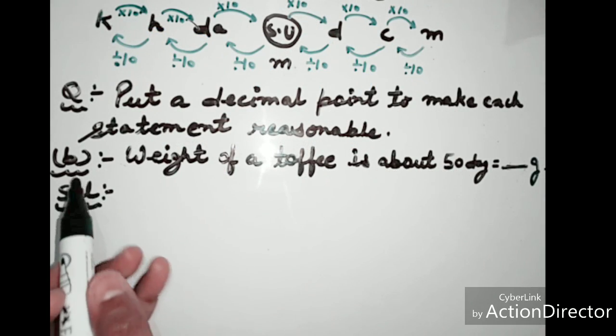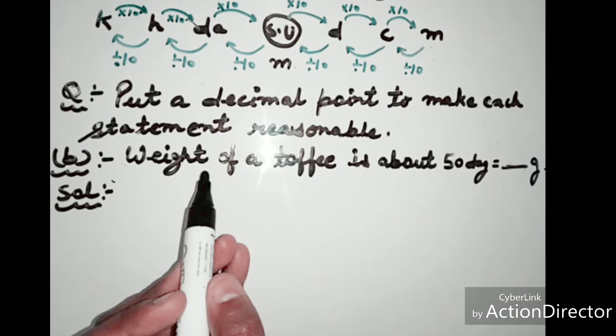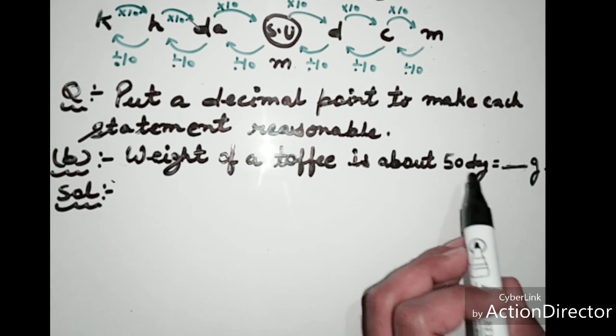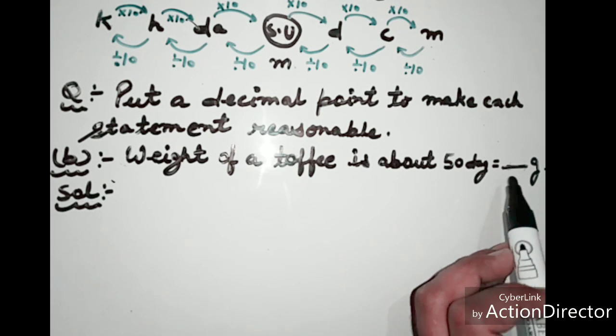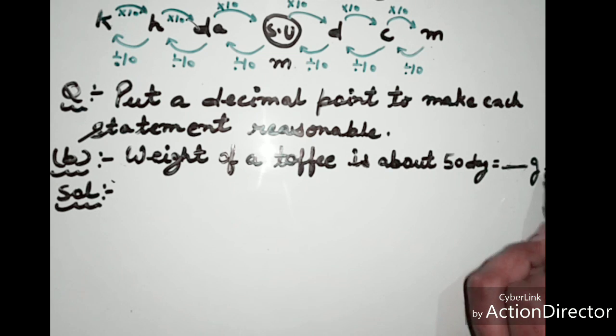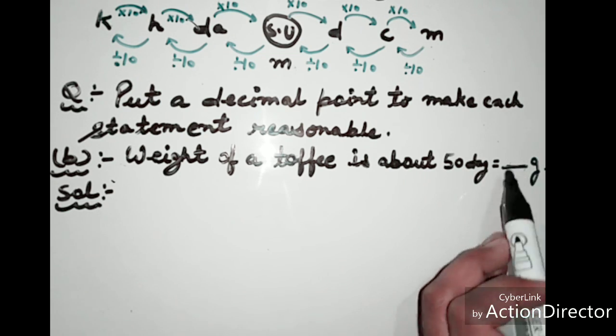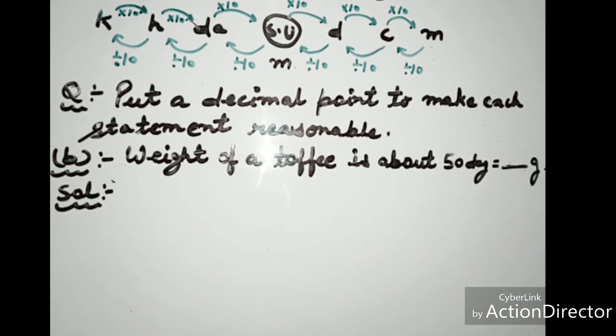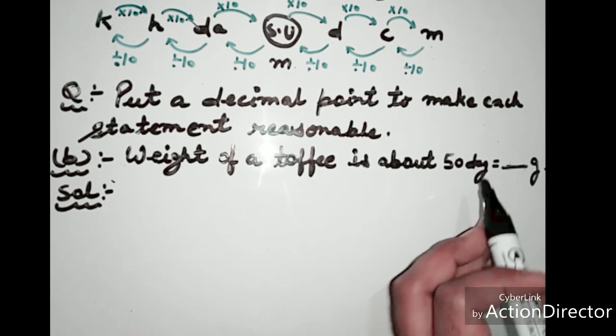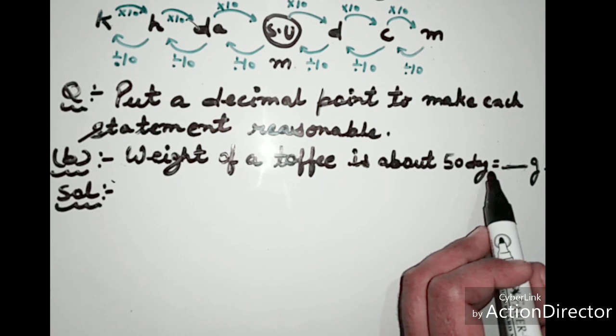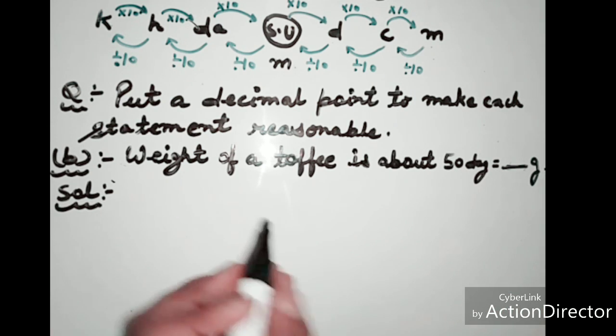Now the next example, example number B. Weight of a toffee is about 50 decagram, and here we find the answer in gram and we put decimal also. So here we convert 50 decagram into gram.